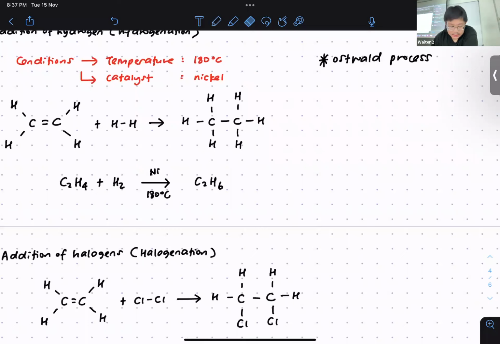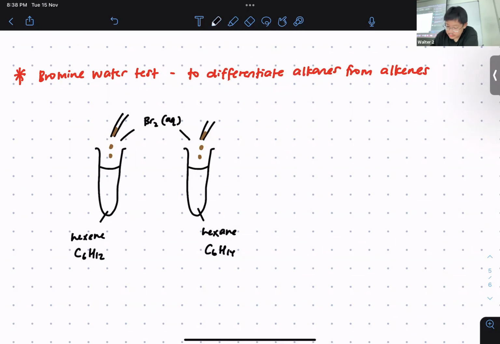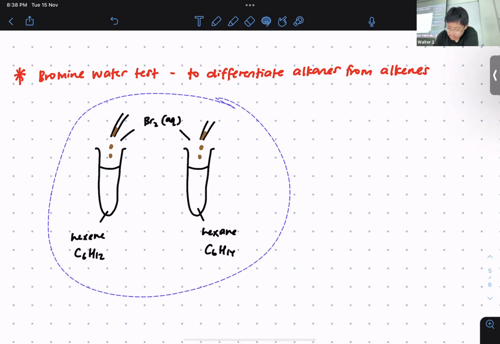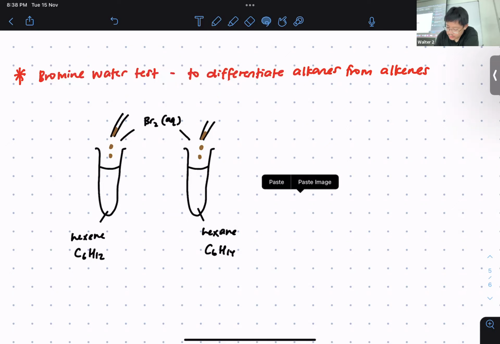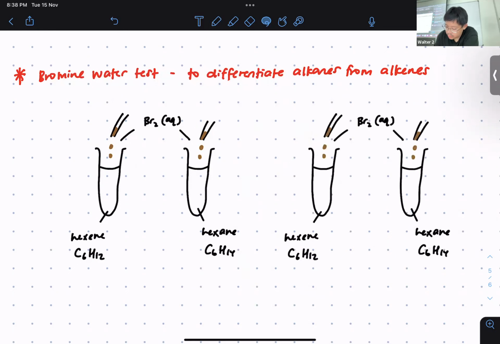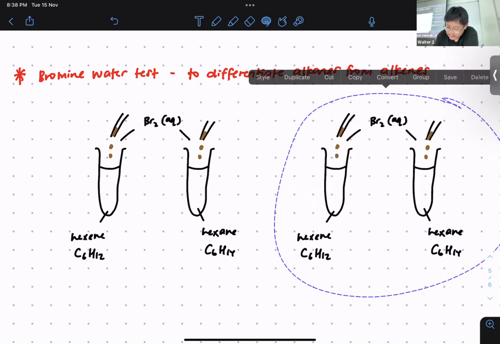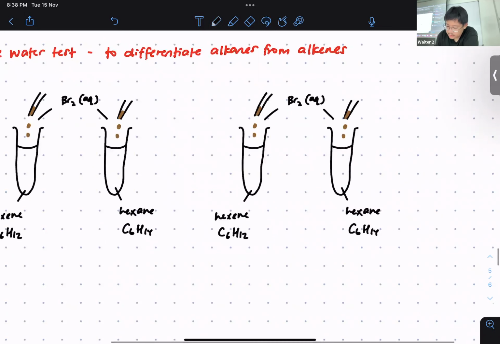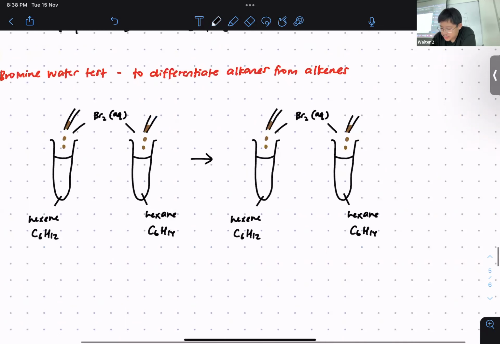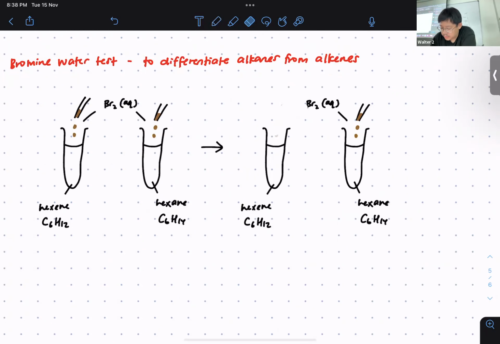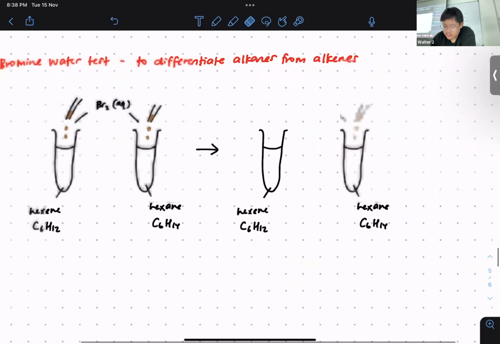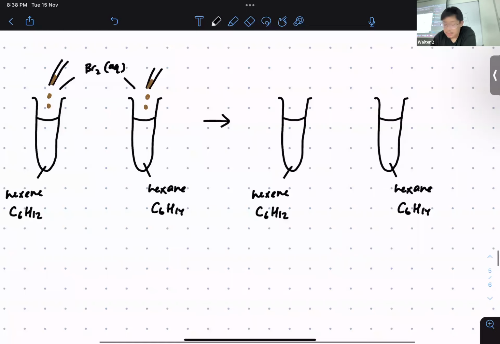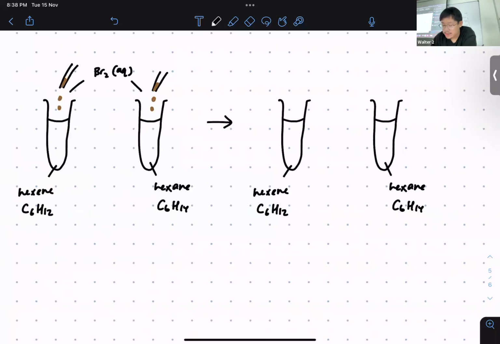Okay, so what happens next is that there is an outcome. Imagine right now, after that, what happened is, because the hexene is the only one that has a carbon-carbon double bond, right? The bromine water will react with the bromine, while hexane doesn't react with the bromine itself.